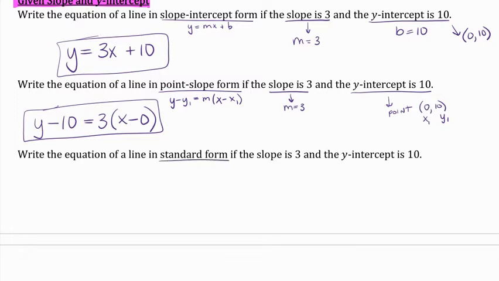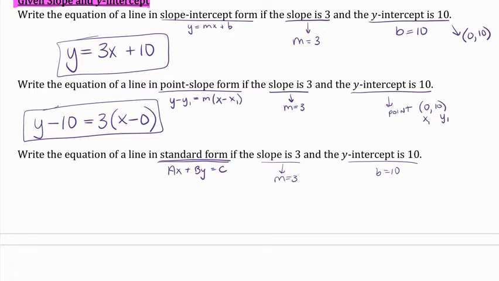Now I want to put it in standard form. So the slope is 3, y-intercept is 10, same information: m equals 3 and b equals 10. Now notice on this one, I want my answer in standard form, that's ax plus by equals c. There is nothing in this problem that says a is this, b is this, and c is this.